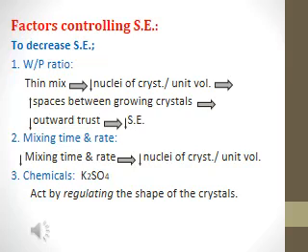But the most effective way to control the setting expansion is addition of chemicals. Adding 2% potassium sulfate acts by regulating the shape of the crystals, so decreasing the thrusting action of these crystals. Of course, if these crystals are more regular in shape, their thrusting against each other will be less than if these crystals are irregular.